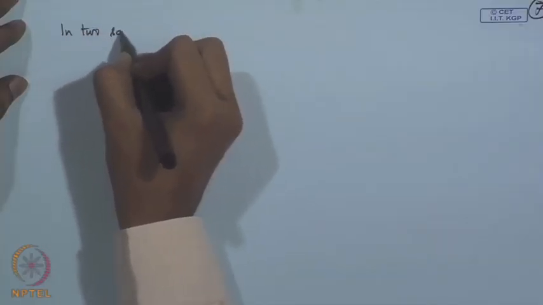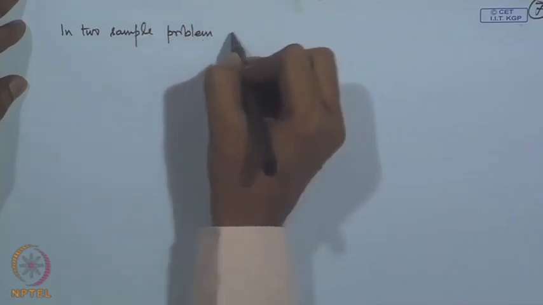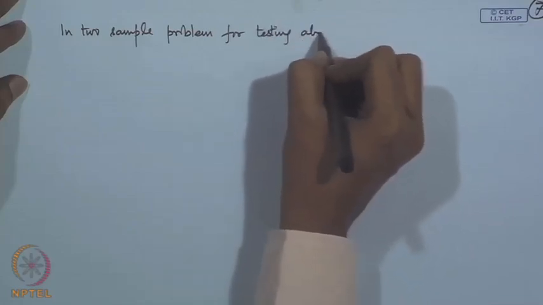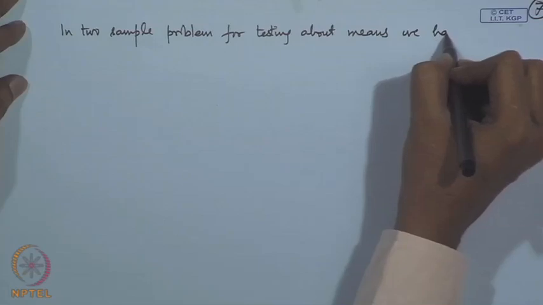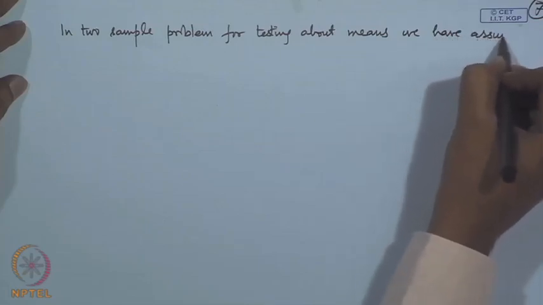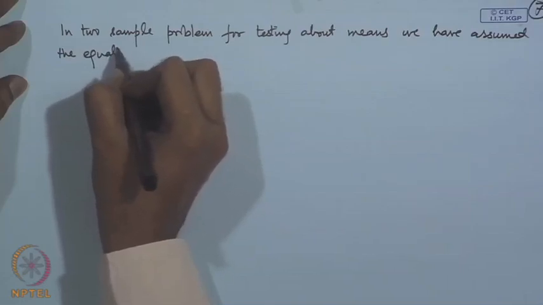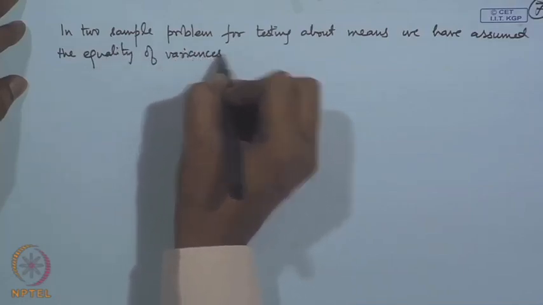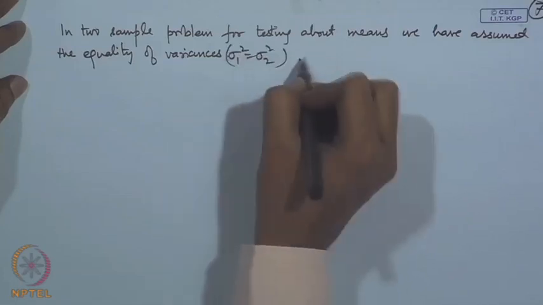In two sample problems, for testing about means, we have assumed the equality of variances, that is sigma 1 square is equal to sigma 2 square.